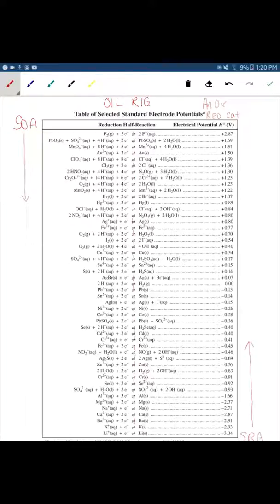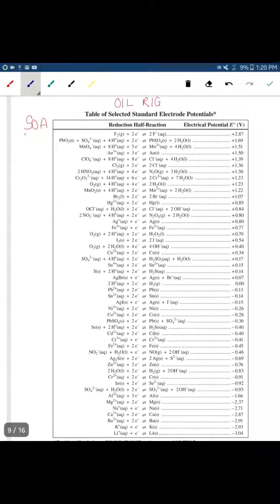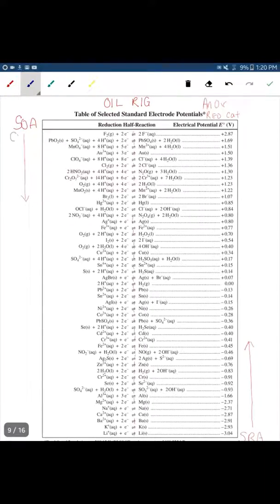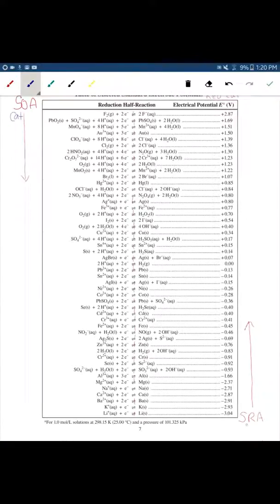Okay, also, just for simplicity's sake, I have students write down that my SOA is itself being reduced, therefore this is the cathode. The entity that is reacting on this side will react at the cathode, and they will have here the opposite, that this itself is a reducing agent, it itself is being oxidized, and oxidation happens at the anode.